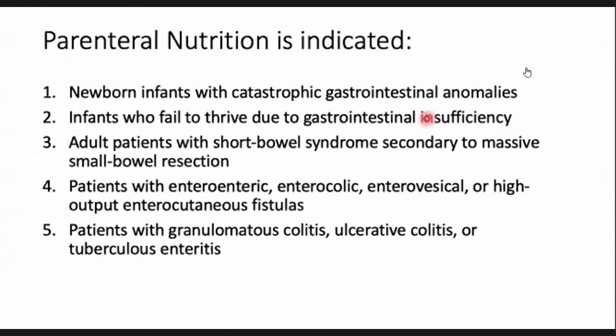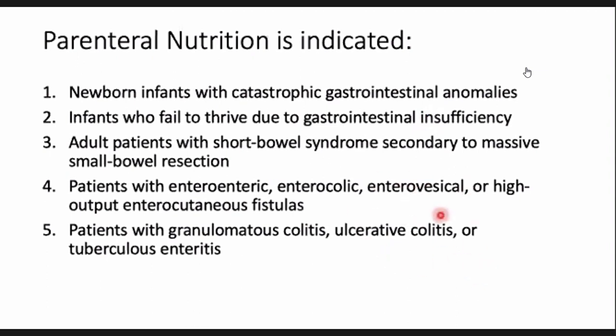are newborn infants with catastrophic GI anomalies, those who fail to thrive due to GI insufficiency, and patients with short bowel injury secondary to massive small bowel resection, especially those with less than or equal to 60 centimeters of small bowel post-resection. So they will be TPN dependent.